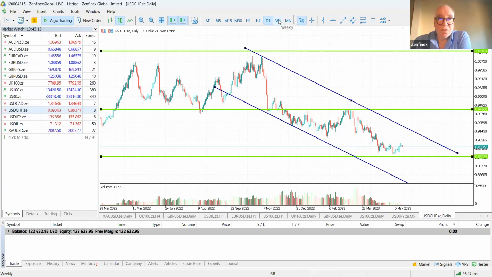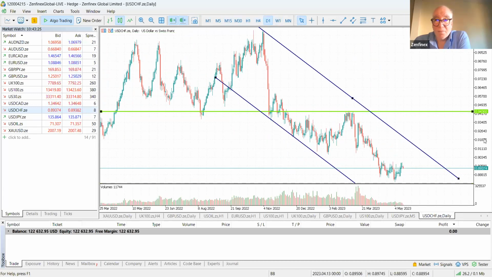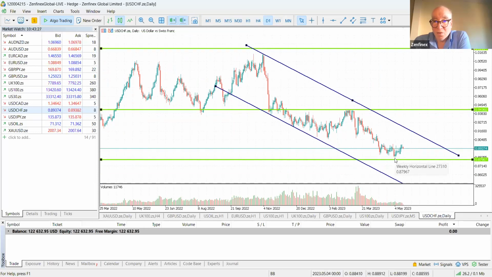I think I'd better just double check that that line is still accurate. Yeah, I'm actually going to move that up a little bit. Okay, and then I'll go back to the daily, and we can see it almost came to the same level, bounced off it. We're in the bearish channel. Looks like we found a little bit of support.